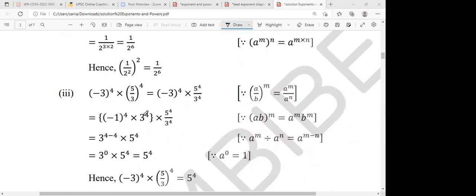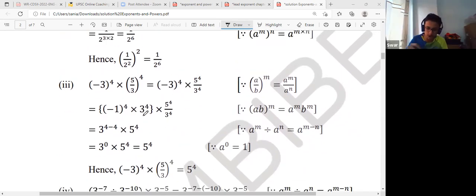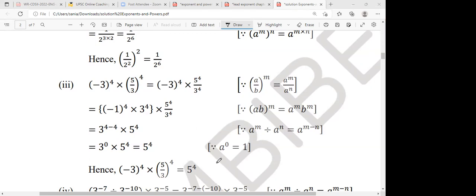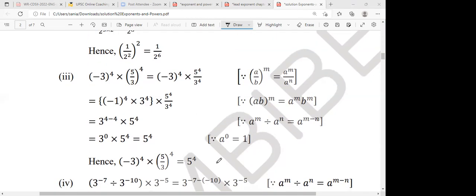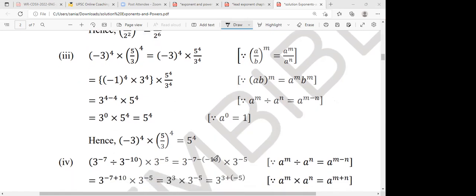Third. Ma'am, minus 5 raised to the power 4. I got minus 5 raised to the power 4. How come?